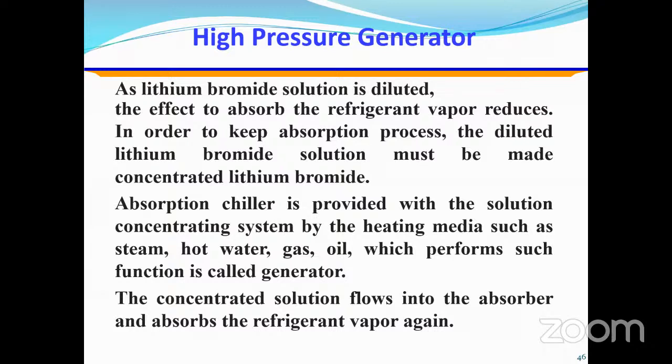The absorption chiller is provided with a solution concentrating system using heating media such as steam, hot water, gas, oil, which performs such functions and is called the generator. It is the heat generator. Concentrated solution flows into the absorber and absorbs the refrigerant vapor again. See, the cycle is repeating.